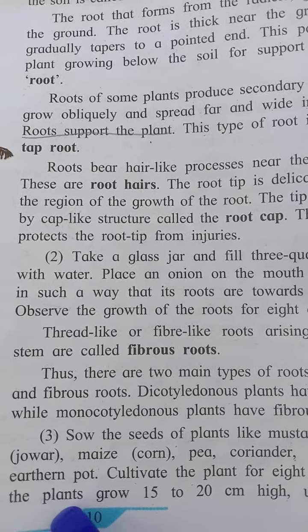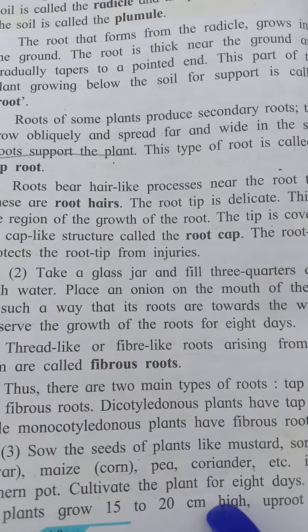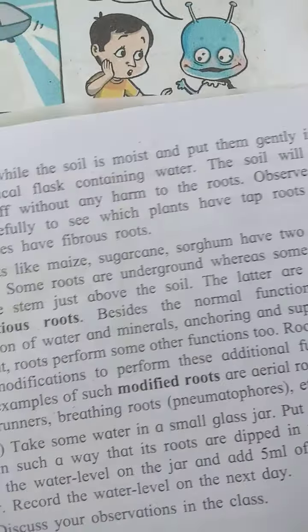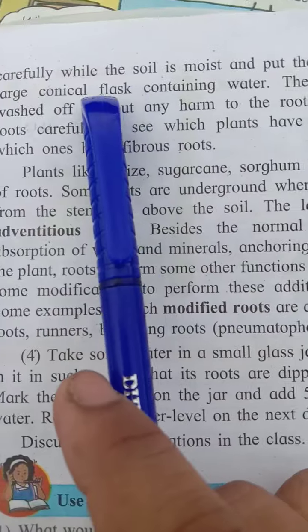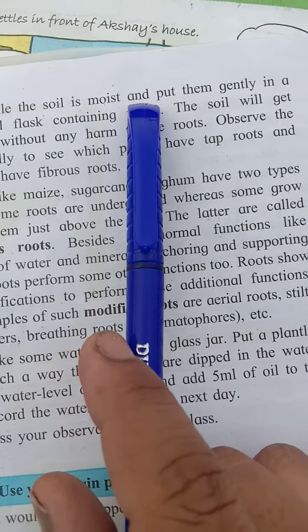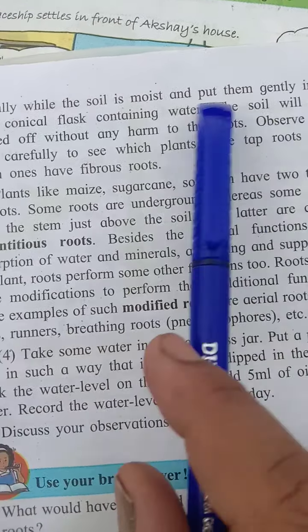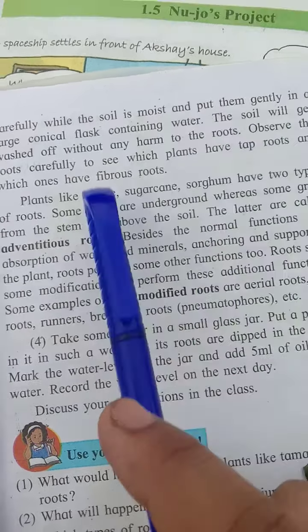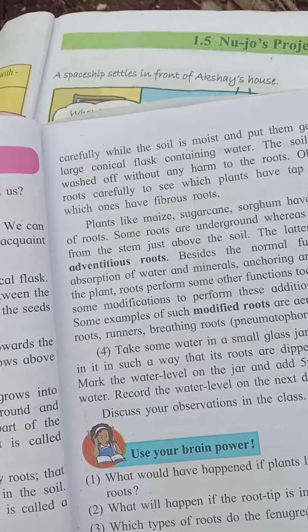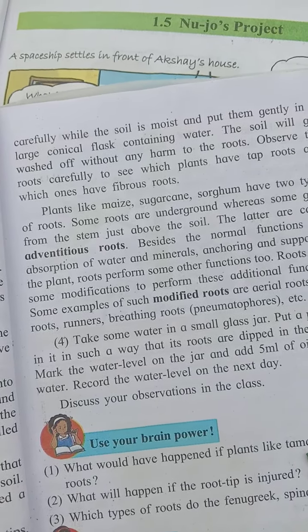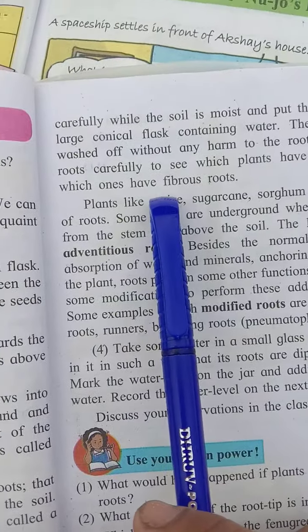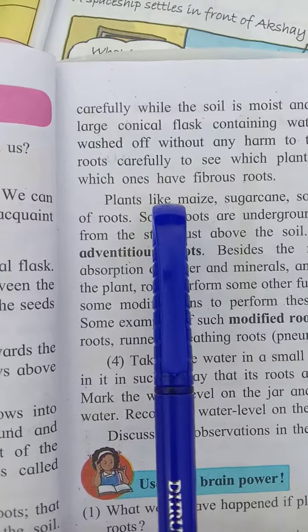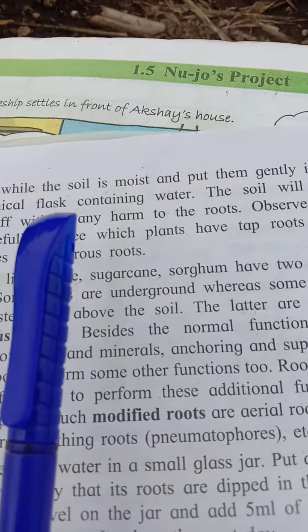Once the plant grows 15 to 20 cm in height, carefully uproot them while the soil is moist, and put them gently in a large conical flask containing water. We cultivate all types of seeds in the earthen pot, and after 8 days, at about 15 to 20 cm height, uproot them, and then we carefully observe.